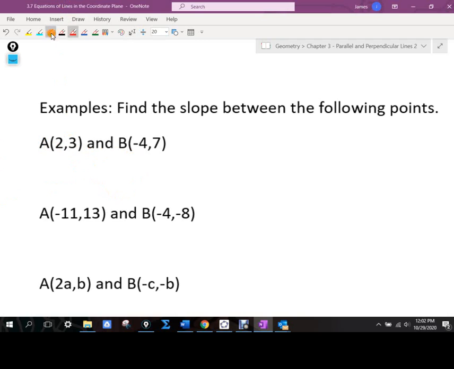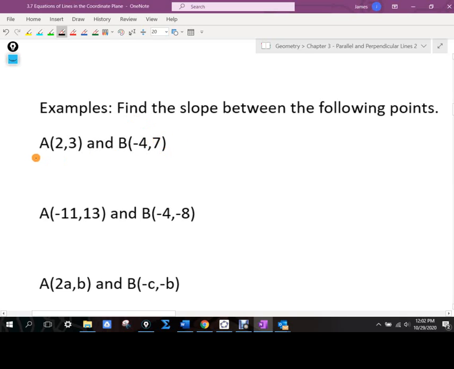Okay. When I do this, I will occasionally make a mistake. I'll do like 3 minus 7, and then I'll accidentally go like negative 4 minus 2. Or I'll go 3 minus 7, and I'll come back over here and do 2 minus 7. Okay, I just, for some reason, mix up my X's and Y's, and I mess up the order.